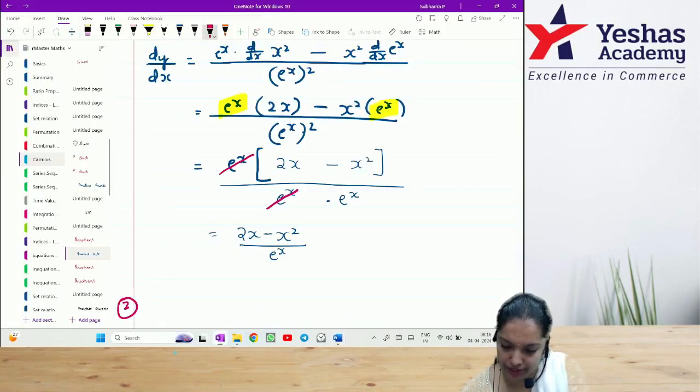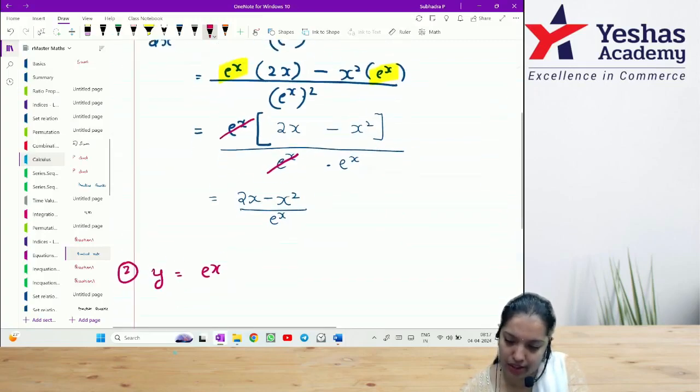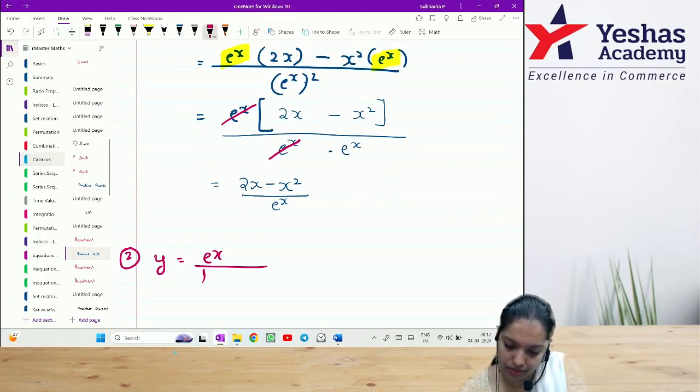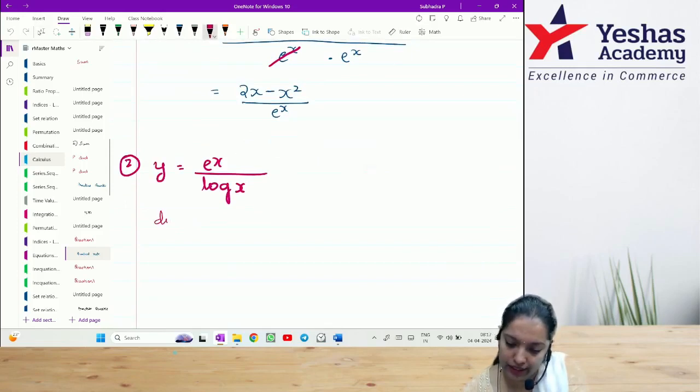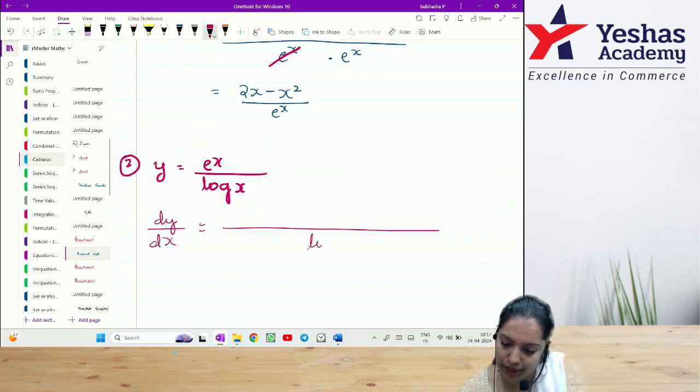We have already done e power x divided by log x. y is equal to e power x divided by log x. Let's start. How to find the derivative of this? Square the denominator: log x whole square.